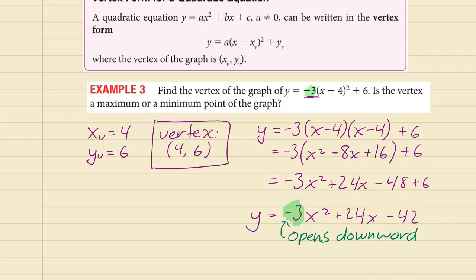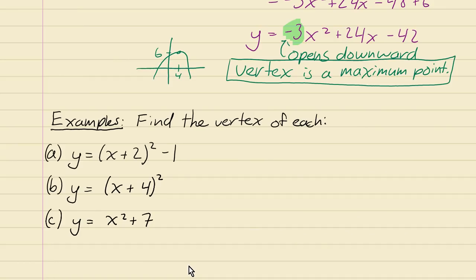And if it opens downward, that means (4, 6) is like over here somewhere. That means that is going to be a maximum point because all of the other points are going to be below the vertex.